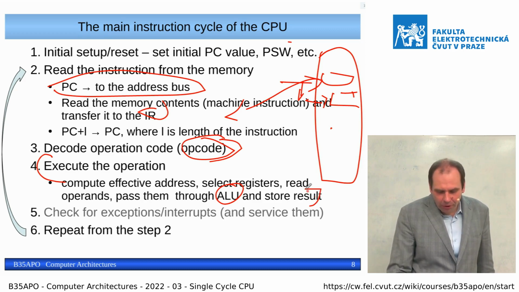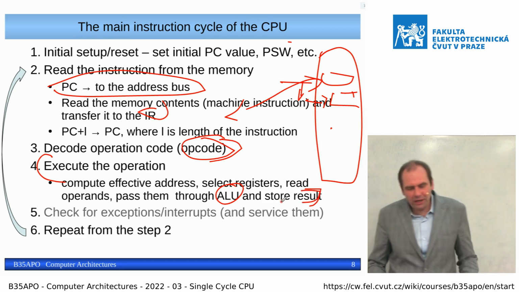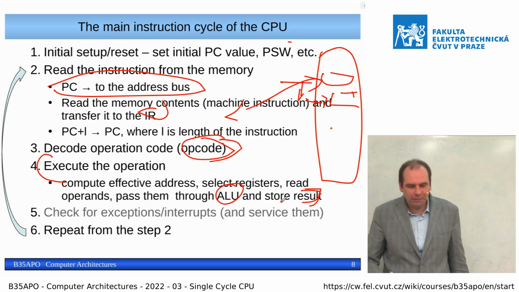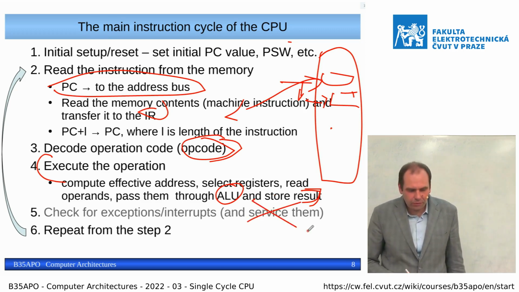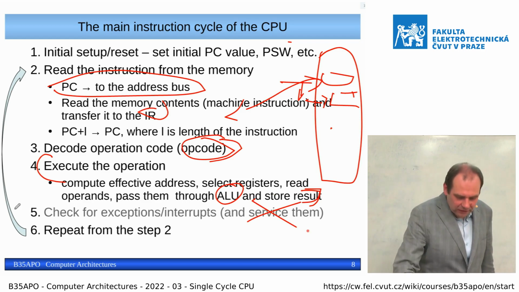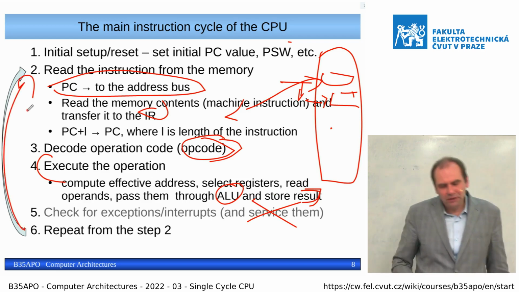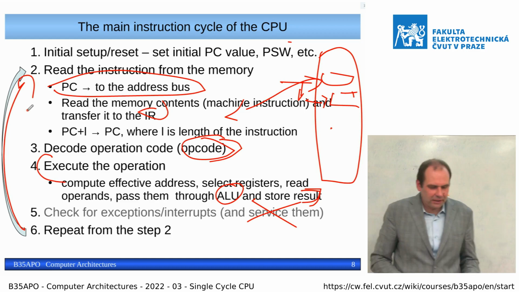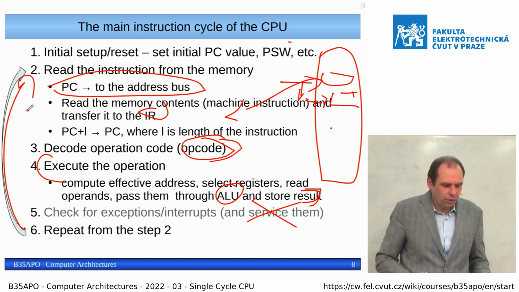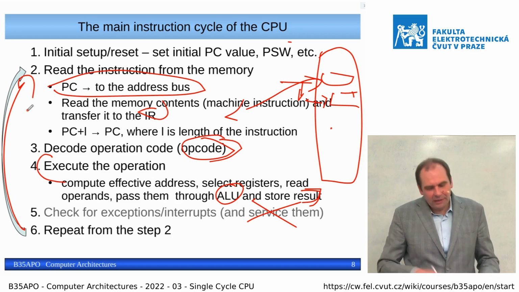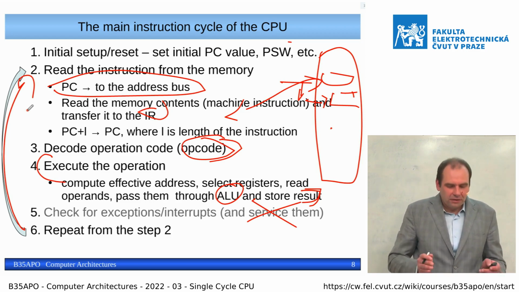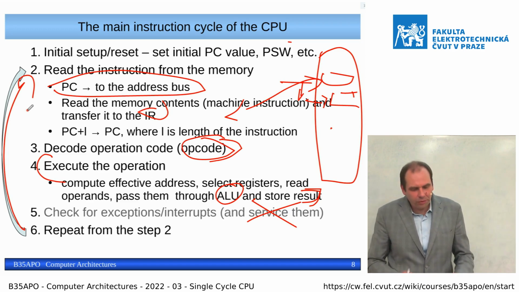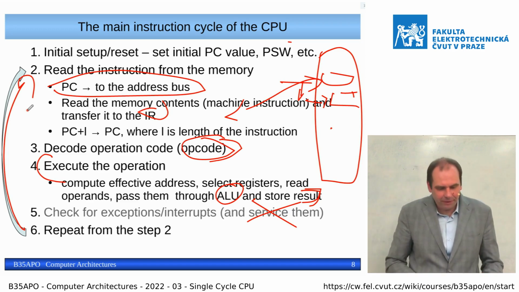There can be a problem, for example if you try to divide by 0, that there is an exception and so on, but we skip this for today's lecture. And the last step is to repeat again. There can be some mechanism to lower power consumption, to suspend the execution and invoke it again after some event and so on. But the basic cycle of most CPUs is this simple.